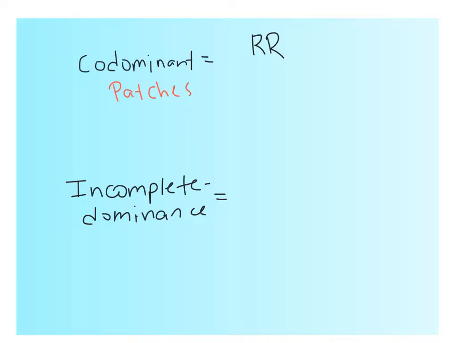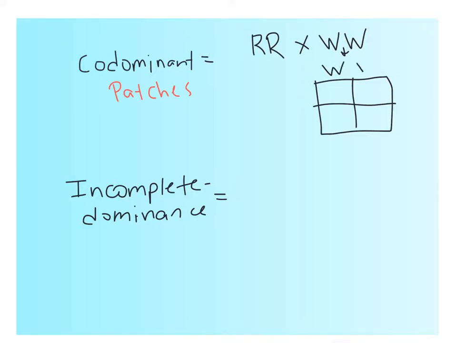For example, let's say we crossed a cow that was red. Its genotype would be big R, big R. They're big because they're dominant. And we're going to cross that with a cow that's all white. Those are also capital because the white is also dominant. That's what codominant means. If we did that cross, let's put the white cow's alleles up here, W's, the red ones over here, and all of them, 100%, would be RW.